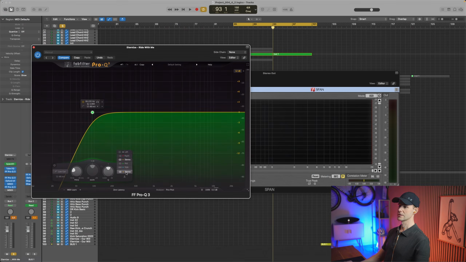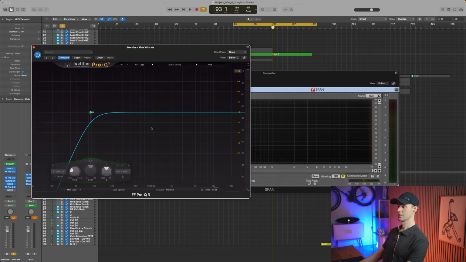So now to fix this problem, what a lot of producers would say is that, well, since this is a problem with the width of the low end, let me grab this mid-side EQ and simply reduce the low end energy, or better yet, simply cut it out with a low cut.